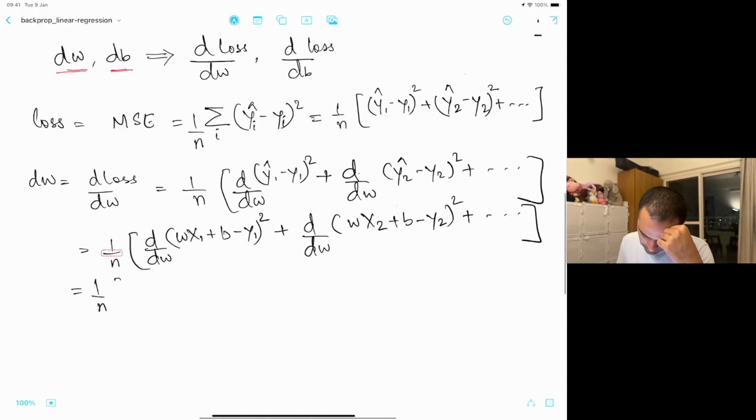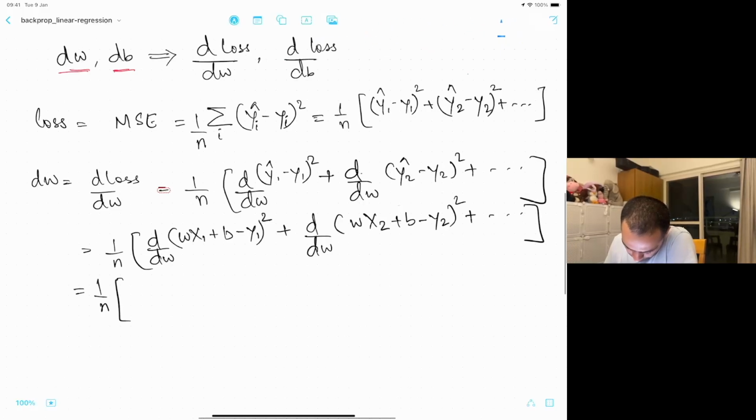Again let's further simplify. Let's say we want to calculate the derivative of this expression with respect to w.